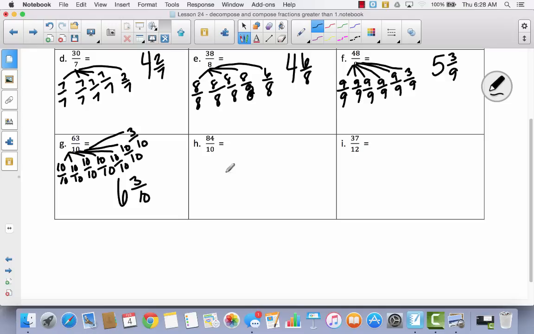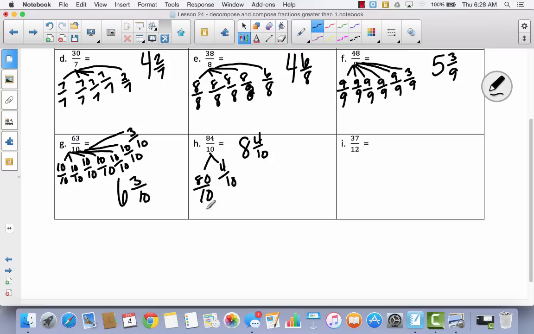Okay, so what if we counted by tens in our head and said 10 tenths, 20 tenths, 30 tenths, 40 tenths, 50 tenths, 60 tenths, 70 tenths, 80 tenths, and then said, okay, well, I can do 4 more tenths, and said this is the same thing as 8 wholes and 4 tenths. This is a faster way to do it.